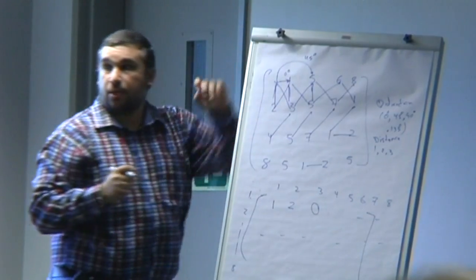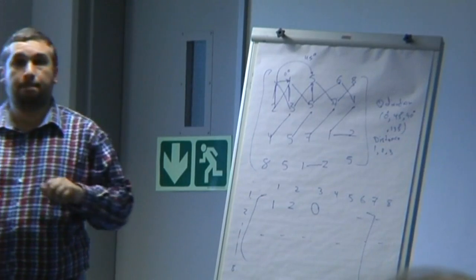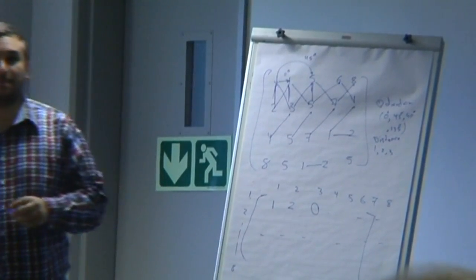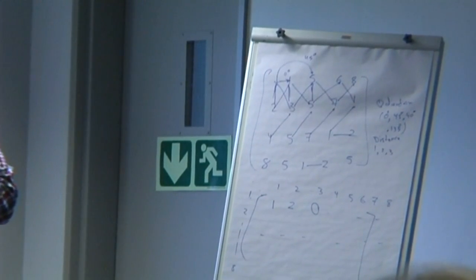Okay, does anyone have a question with this part? What direction in the next row? How does it work when you go 2 to 1?